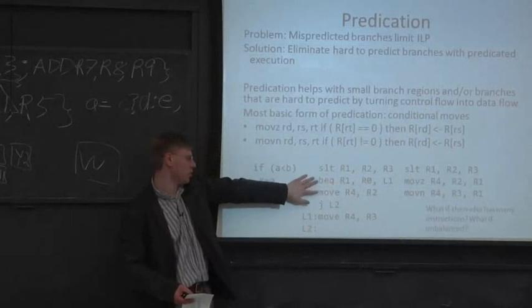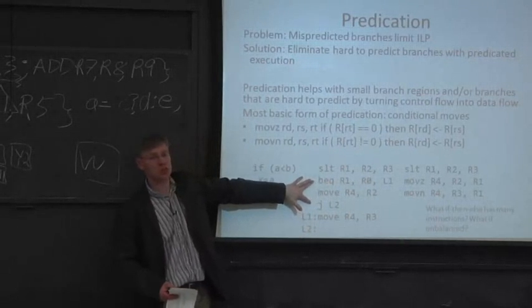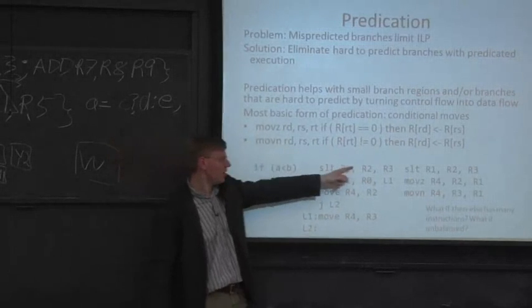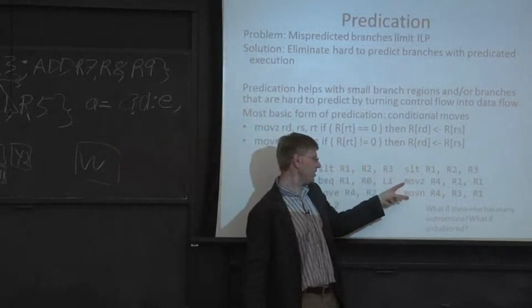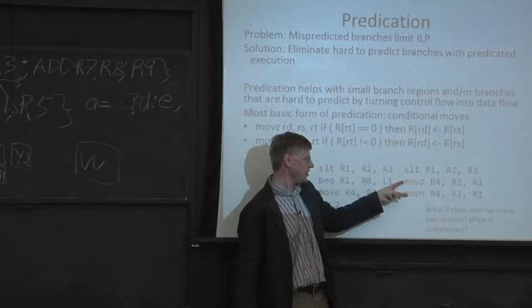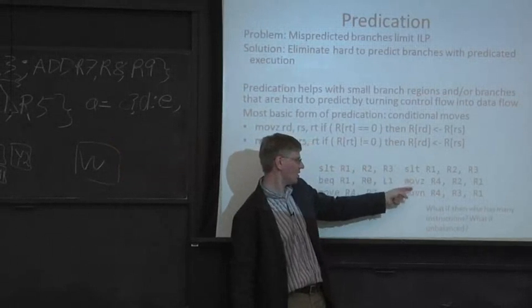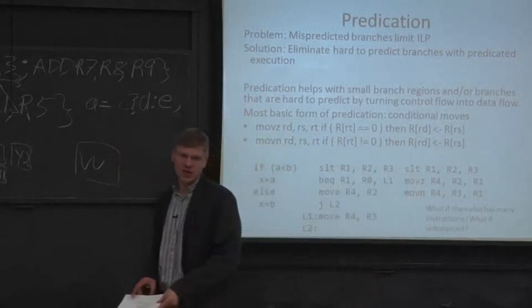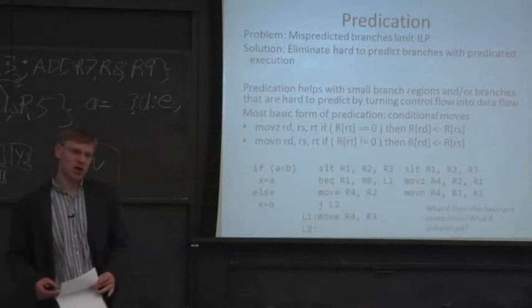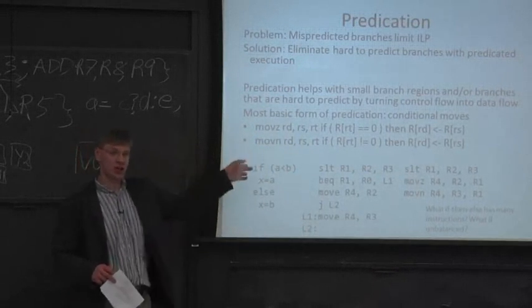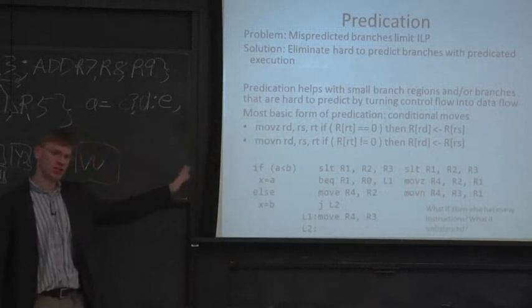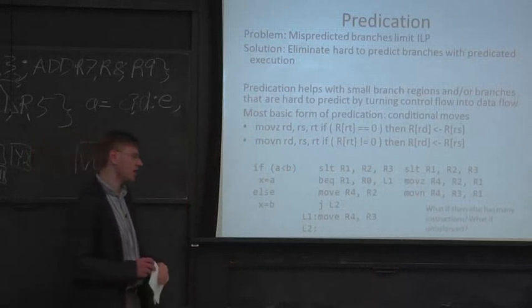So we have two control flow operations, the branch and the jump. When we add these instructions, we can basically do that if-then-else in one instruction. And basically every VLIW processor you're going to look at is going to have predication, or at least limited predication. This is not full predication. We'll talk about full predication in a second.